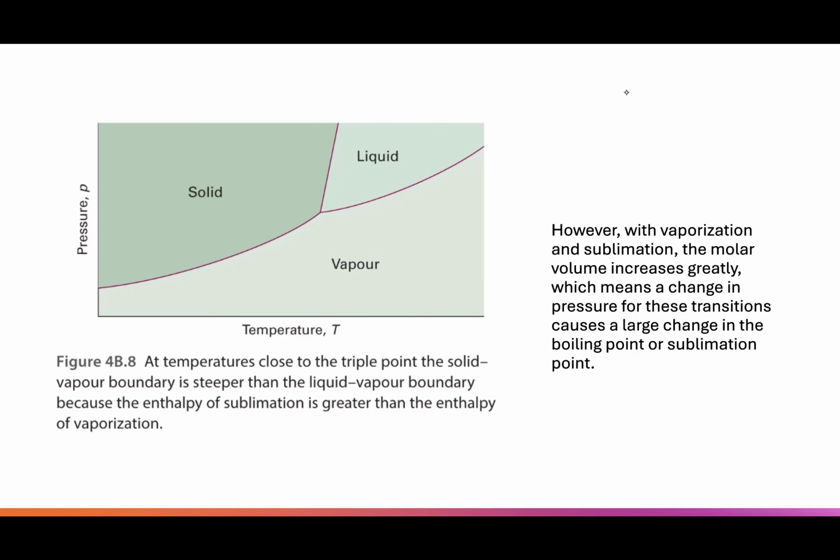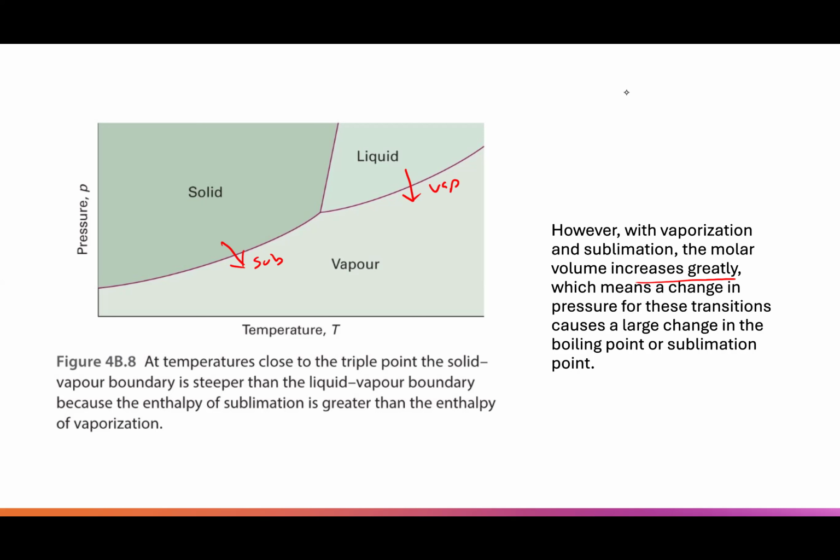With vaporization and sublimation, though, vaporization going from liquid to gas, sublimation going from solid to gas, we'd expect a very large increase in the molar volume, because we're going from condensed phases to gaseous phases, and the gaseous phase is going to take up the entire space of its container.